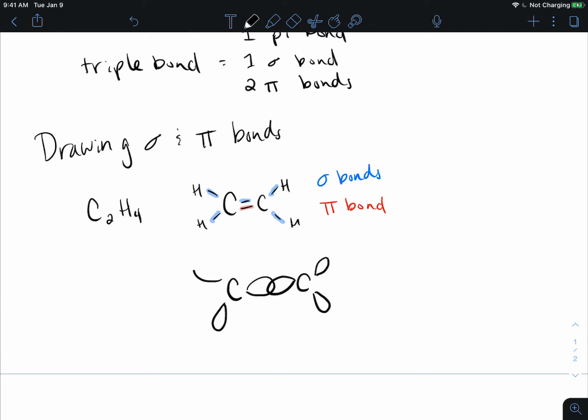We have to have that direct overlap to have an actual bond. Like so.